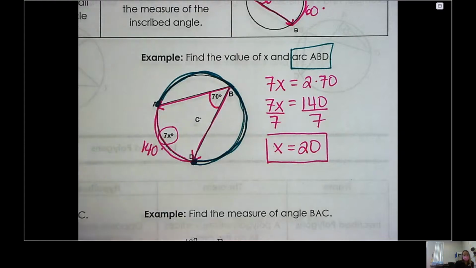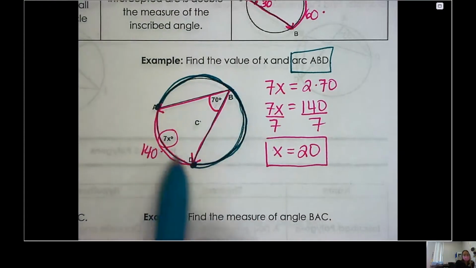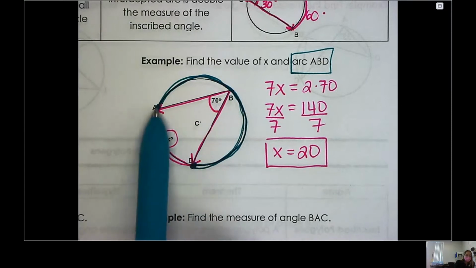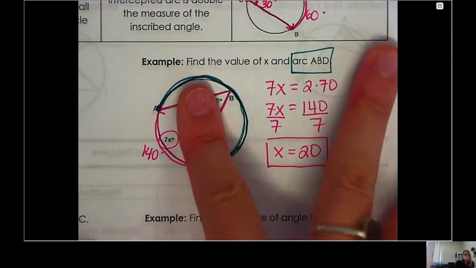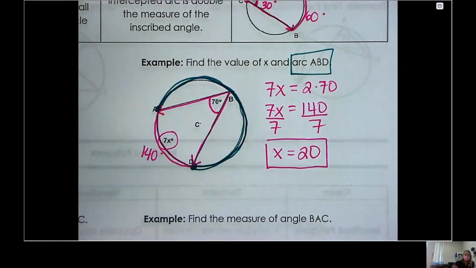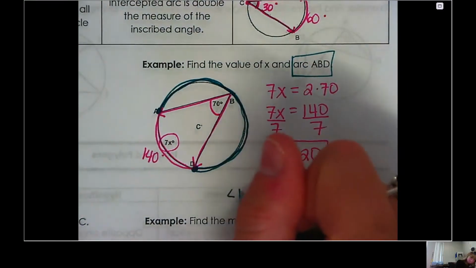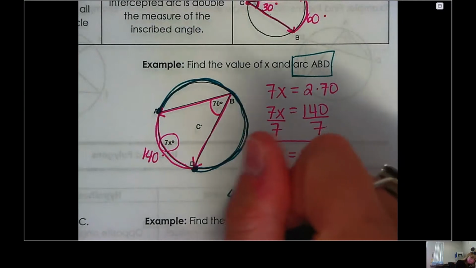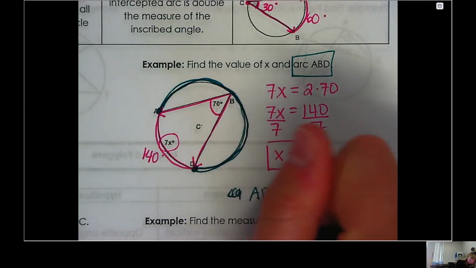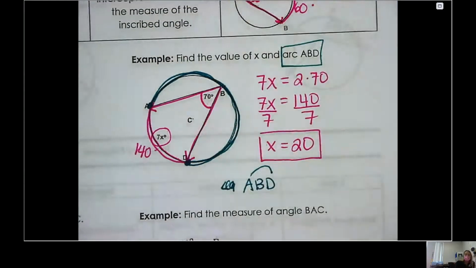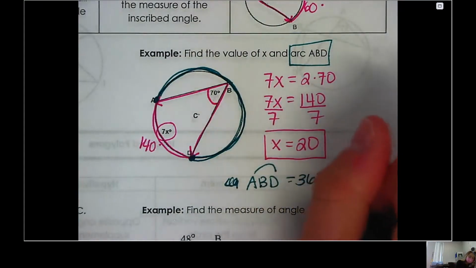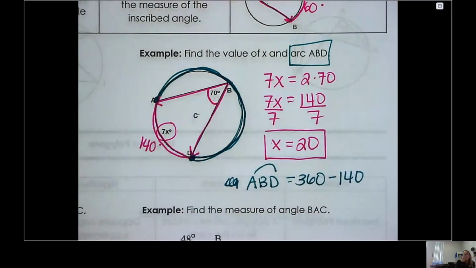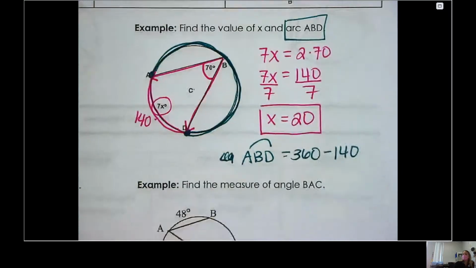Good. I know the whole thing is 360. I already have 140 of the 360, so ignore everything on the inside. You already have 140 of that whole thing. So to figure out arc ABD, I'm going to take 360, the whole thing, and subtract the piece in pink, and that'll give me what's left over in the blue.